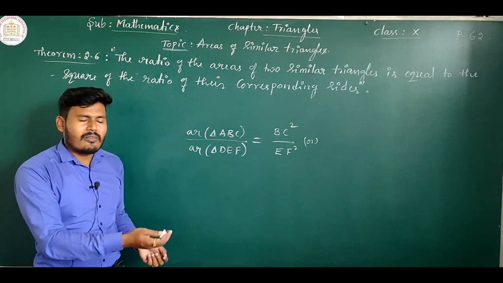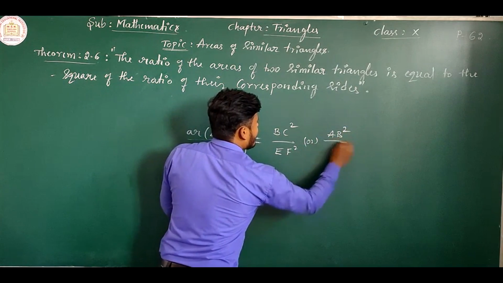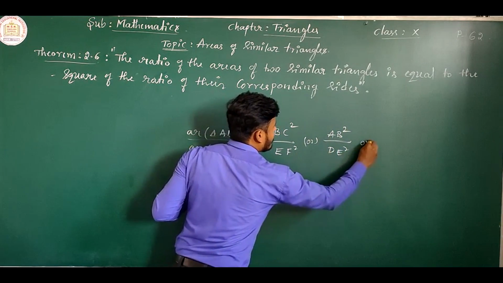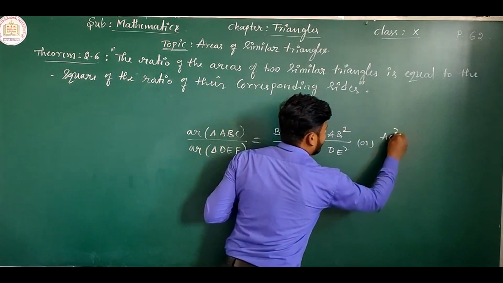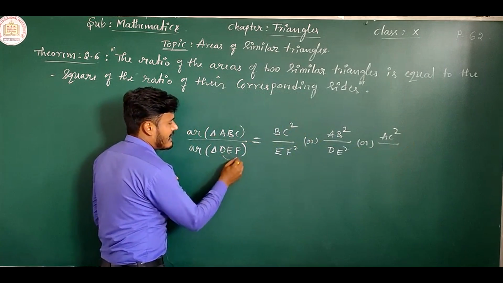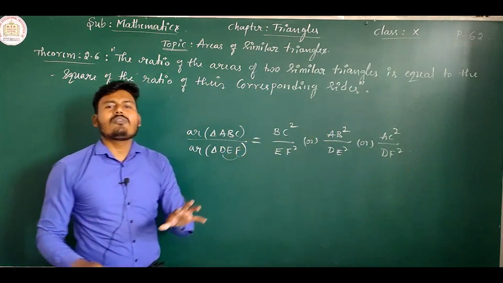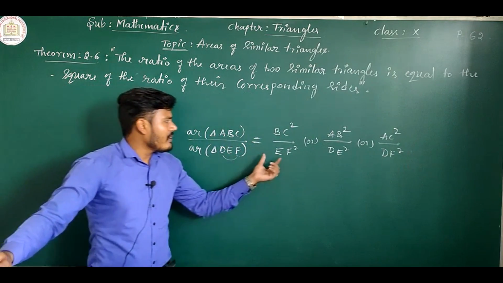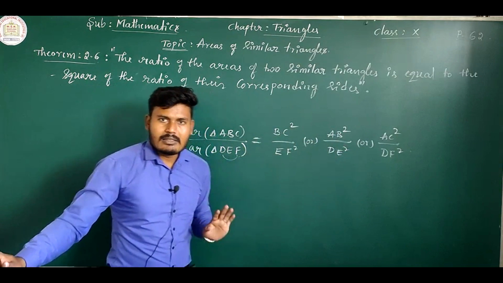Then another pair is AB square divided by DE square, or you may consider AC square divided by DF square. So this is the statement of this theorem, and you just prove one of these statements. So that's it.